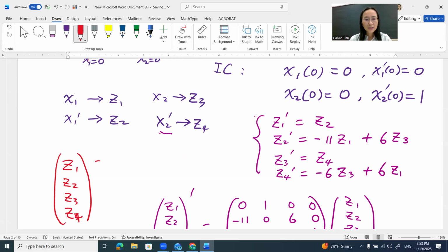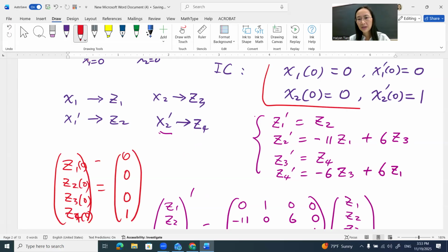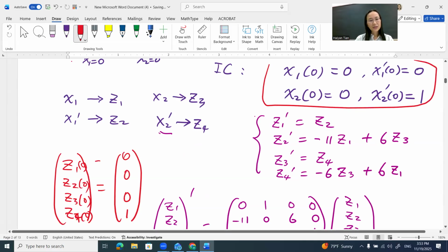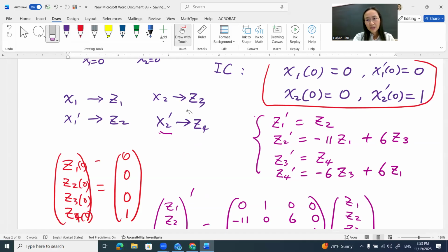And when time is 0, their respective values should be this, all based on the given information.